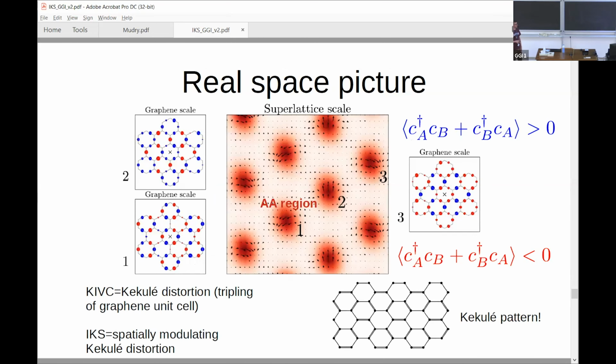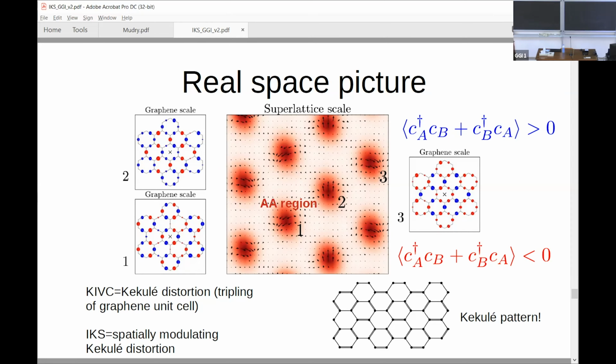And the second part of the name I should explain is, why do we call it a Kekule spiral? The reason for that comes from looking at the real space picture of the state. So first of all, let me just look at this KIVC state, which is translationally invariant and includes intervalley coherence. So you're pairing up states with momenta close to the K and the K primed valley. And so in a way, you're breaking translations in this way.